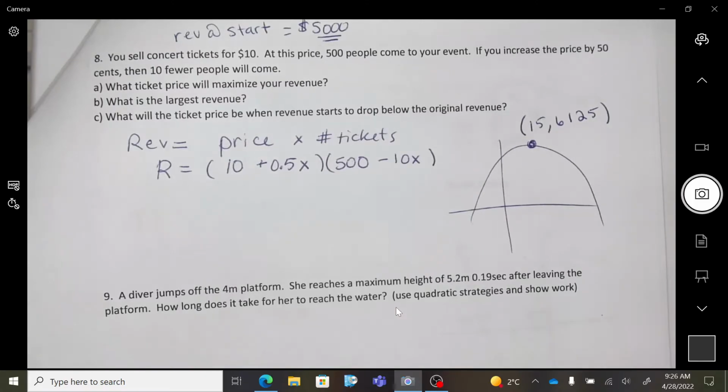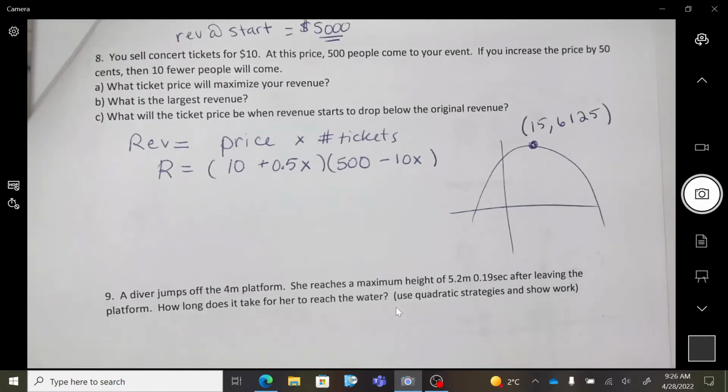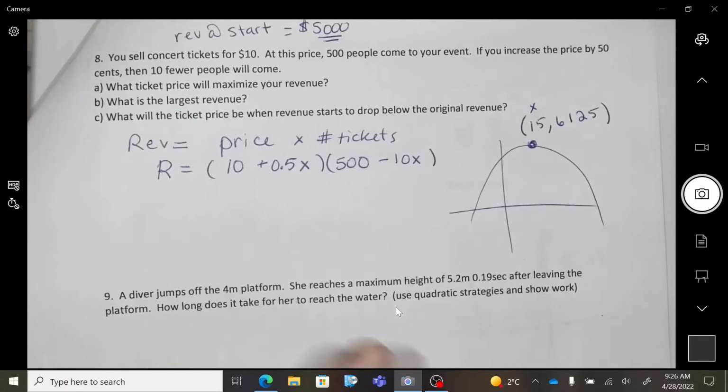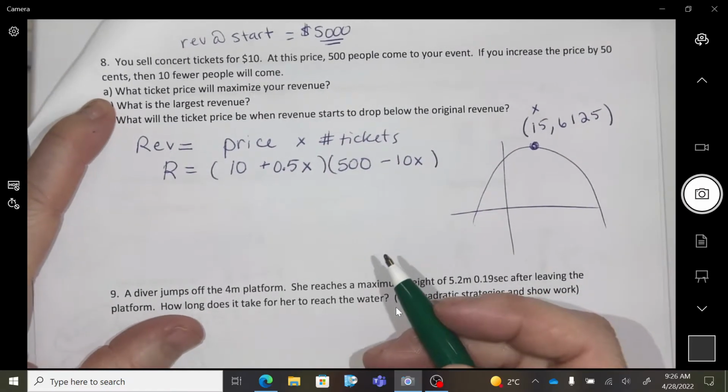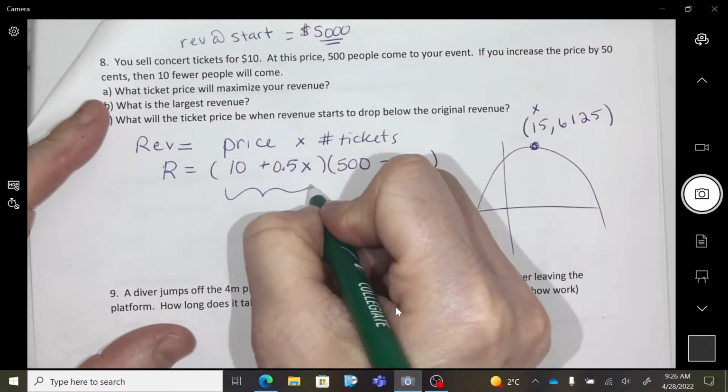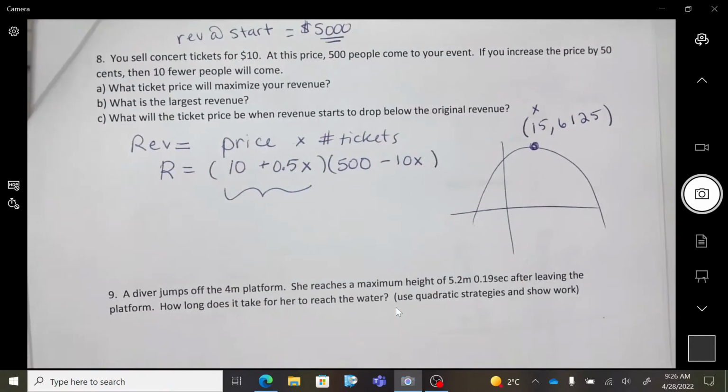Okay, so this is my coordinate. The x value is 15. So first question A, what is the ticket price? So here's the ticket price.